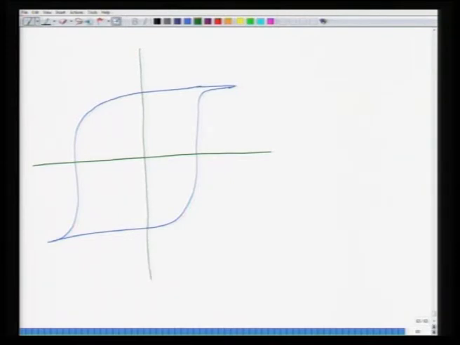This is one kind of magnet, and if I draw another one which is something like this, just for the sake of illustration, I am going to make it slightly different.